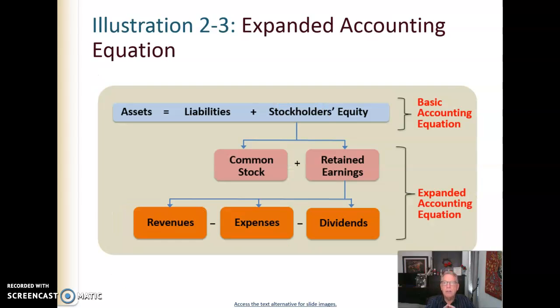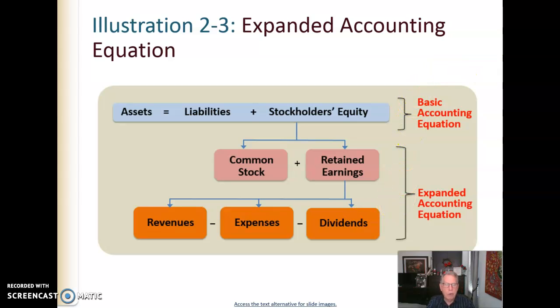All right, the expanded accounting equation. Here you can see the basic accounting equation: assets equal liabilities and stockholders' equity. But we're breaking stockholders' equity down into two components here: common stock and retained earnings. And then we break retained earnings down into these three categories.